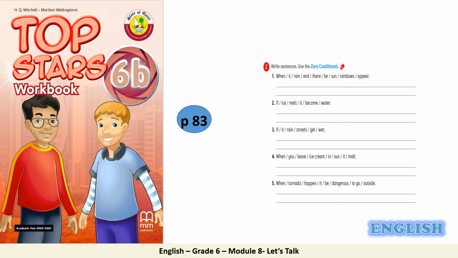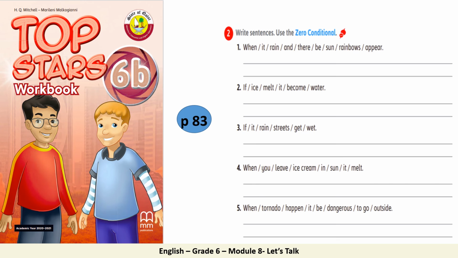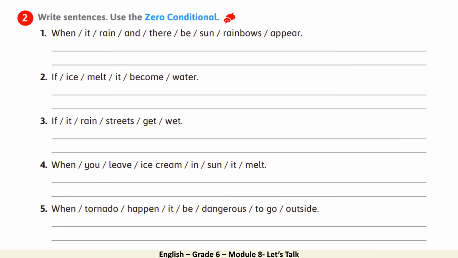Let's go back to our workbooks now and do some writing practice on page 83. Activity number 2. So, question number 2. Write sentences, use the zero conditional. As usual, I'm going to model sentence 1 for you so that you can do the rest.